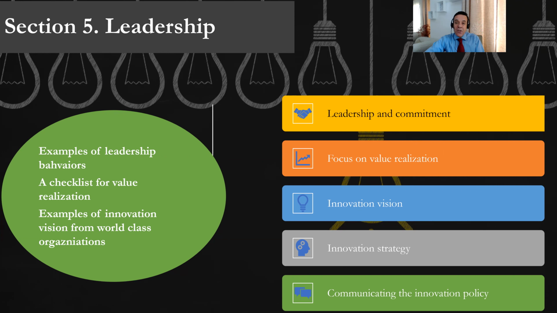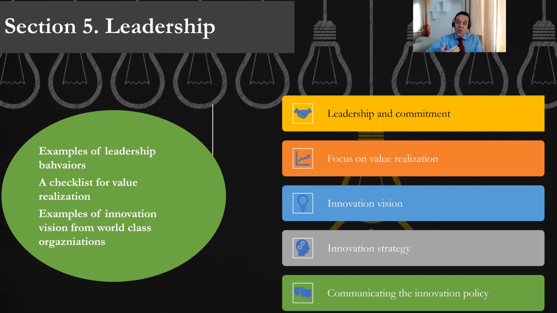Does your senior leadership respond fast to a change, and how good and how fast can they pivot from one project to another project, from one direction to another direction? That's an important measurement that gives you an idea about whether your senior leadership is committed to innovation or not.